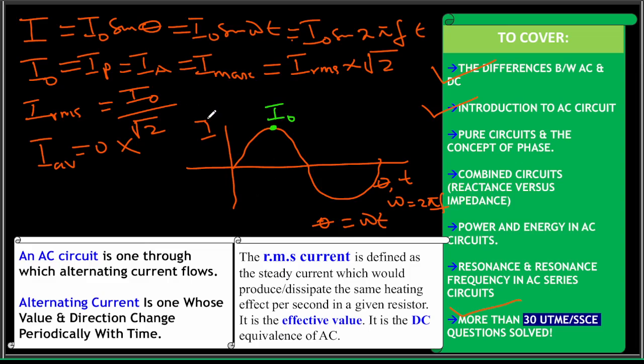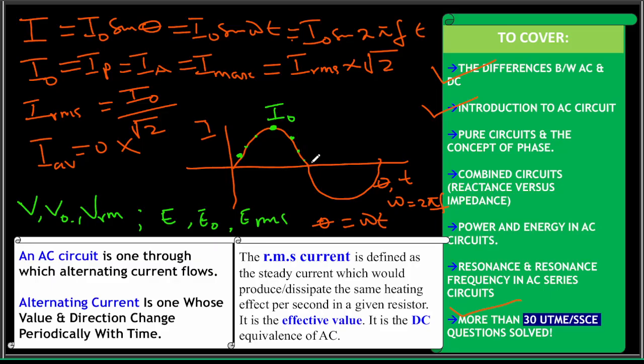Now, if you are discussing voltage, it is the same thing. For V, we also have V naught, V RMS. It can as well be E, that's EMF, E naught, and E RMS, the same thing. All right, so whatever we do here with respect to current, we can as well match it with these. Any point I touch on this graph is instantaneous.